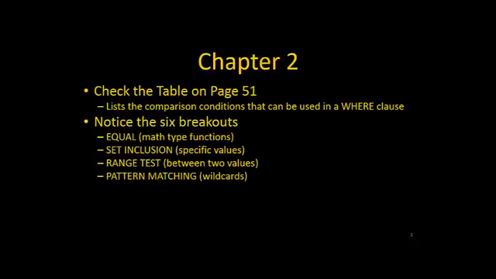Next is pattern matching. And one of the things that we'll talk just a shade about tonight and more in, I think it's chapter 5, is something called pattern matching with wildcards. And in Oracle and SQL, we have two different wildcards. Now, traditionally, a wildcard is the asterisk.